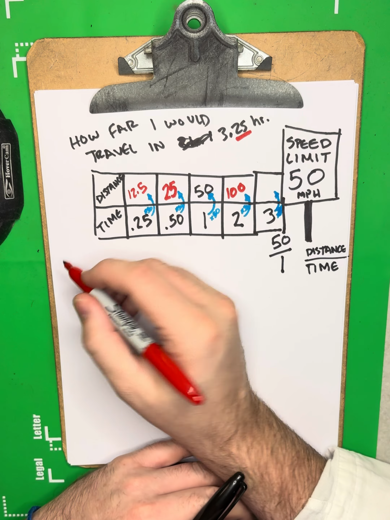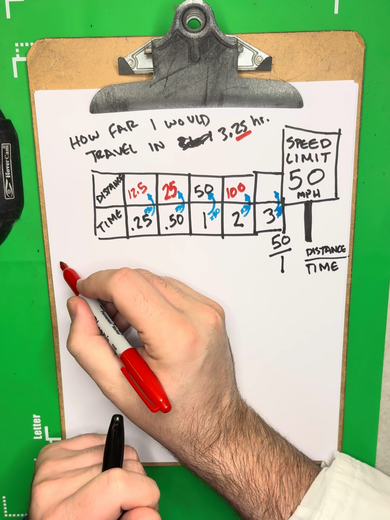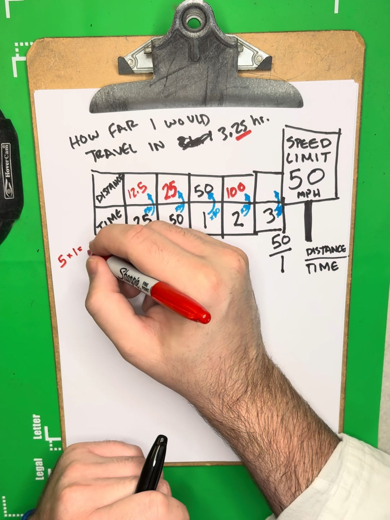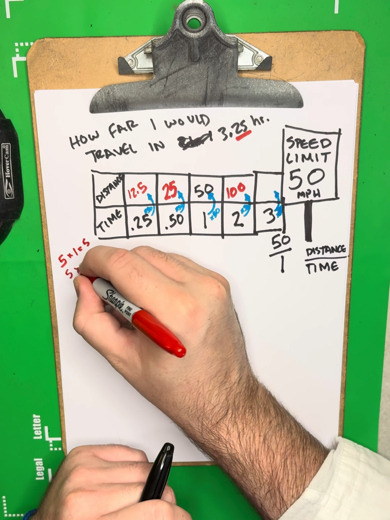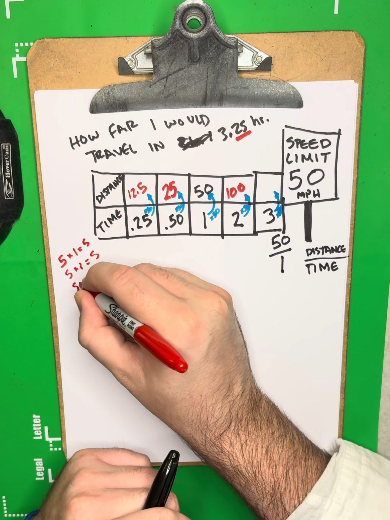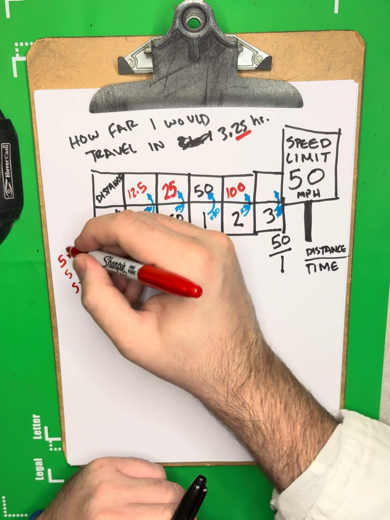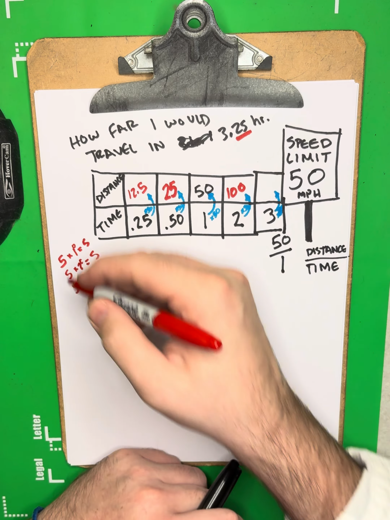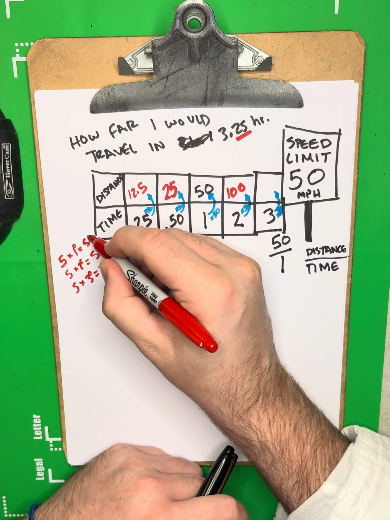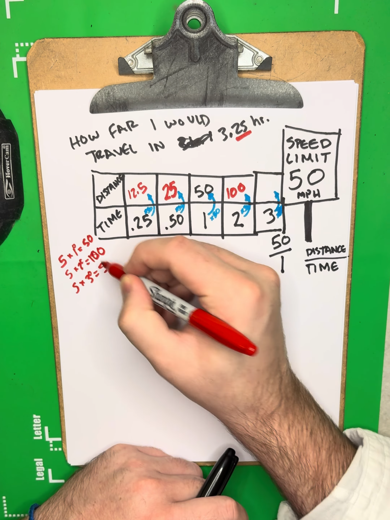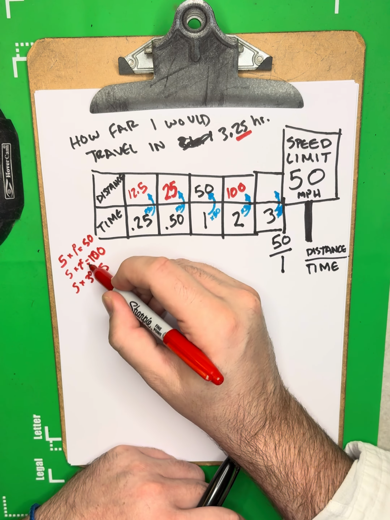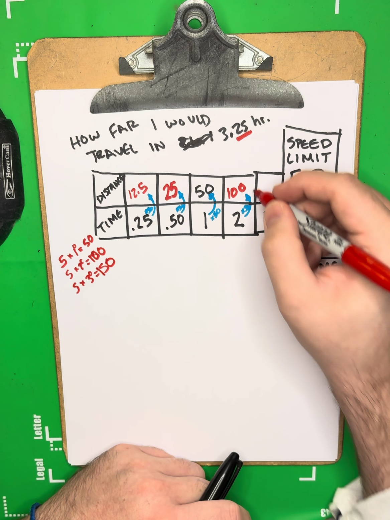What we can do is take the 10 away and bring it back later. 5 times 1 equals 5, 5 times 2 equals 10, 5 times 3 equals 15. And now we just bring back the 0. So 50, 100, 150.